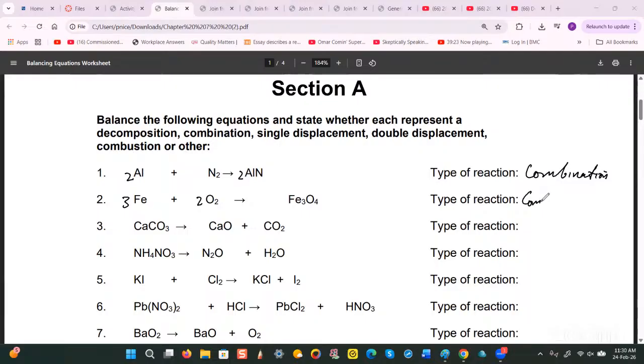Combination, or you can also say this is combustion, because you're burning iron in this case in oxygen, all right? You have O2 in the equation, which means it's reacting with oxygen from the atmosphere. So both of these are just as correct, all right? Combination or combustion.